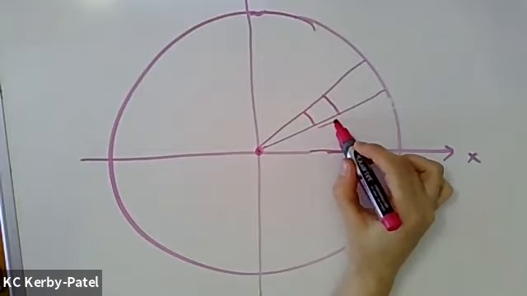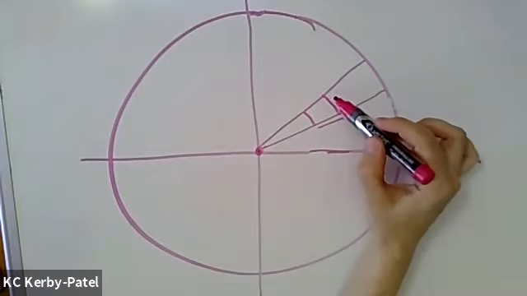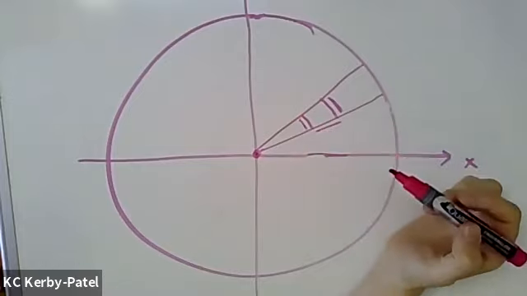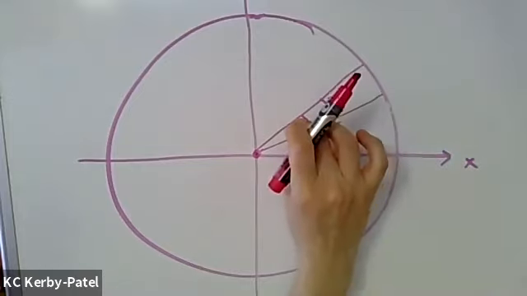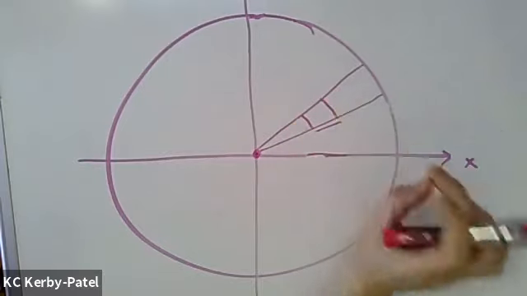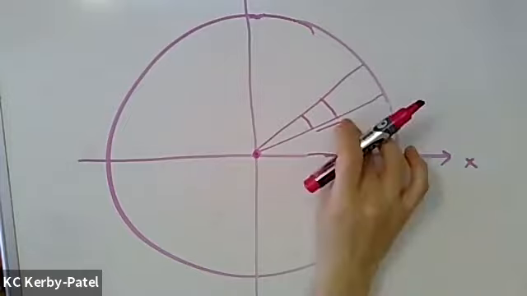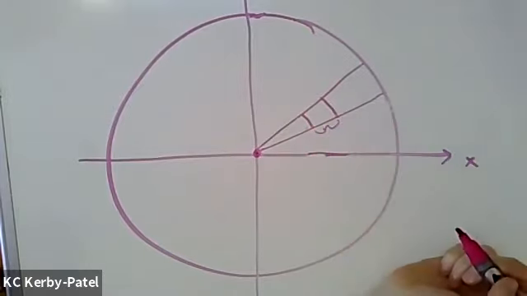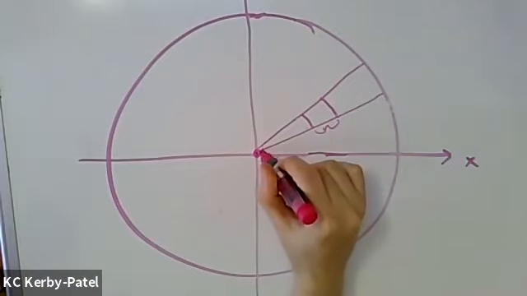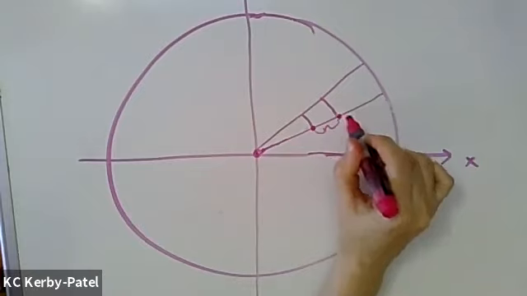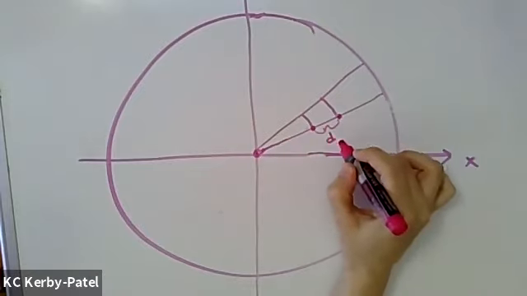I would need to know the length of this side and the length of this side or this side. Technically, they're slightly different, but if we're working with differential sizes, it is not important that they're slightly different. The length of this side, the radial distance from the center, is rho. So I'm moving from rho equals this value to rho equals that value, and that distance is just d rho.